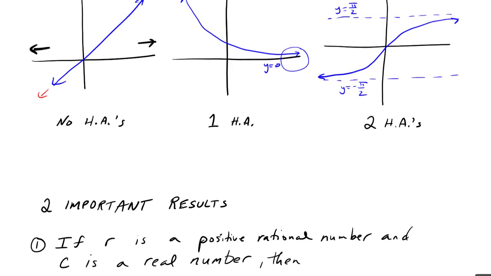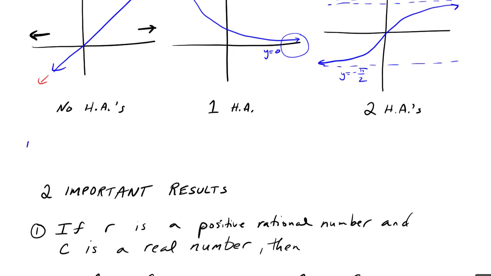Let me also make a little side note here. A function's graph can cross a horizontal asymptote.